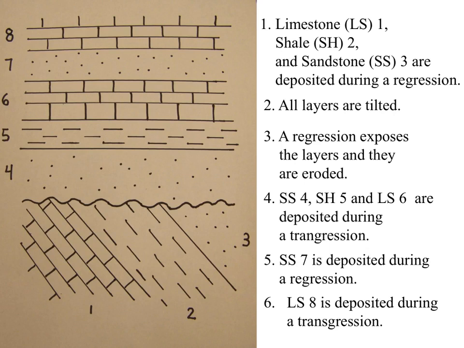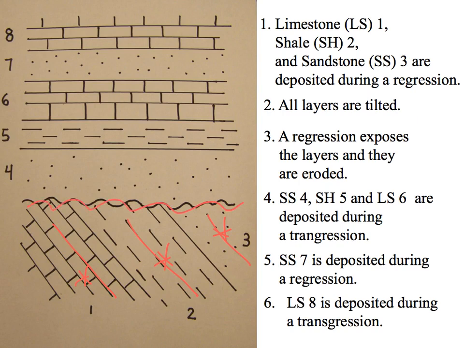Let's review this. So, our first step is limestone 1, shale 2, sandstone 3, deposited as the seas were falling. We then have the tilting of these rock layers from their original horizontal position. We then have continued regression, which serves to expose the landscape to erosion, as symbolized by this angular unconformity.